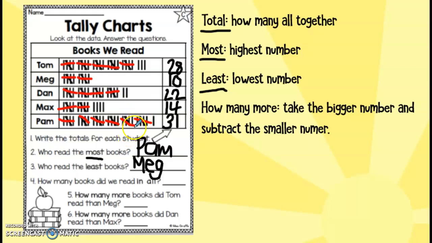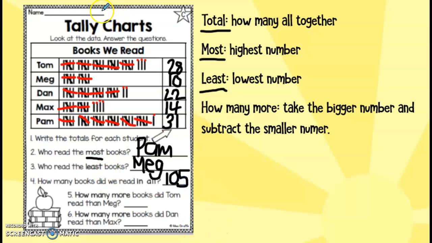Now I'm going to go back and count up from 95. 96, 97, 98, 99, 100, 101, 102, 103, 104, and 105. So all together they read 105 books. So I would write 1, 0, 5.